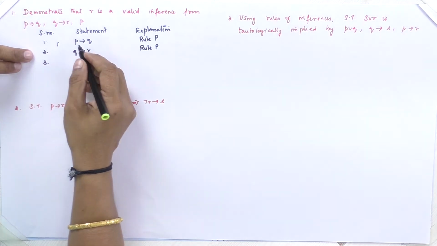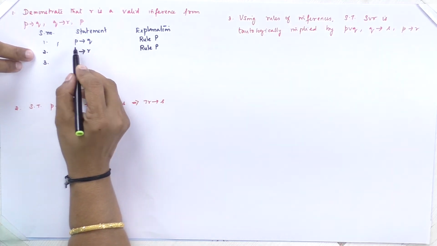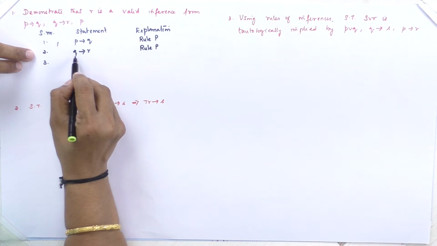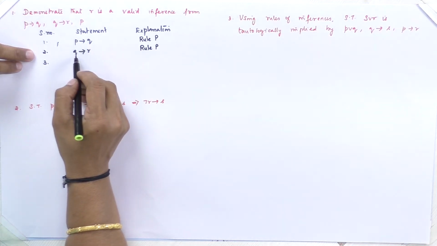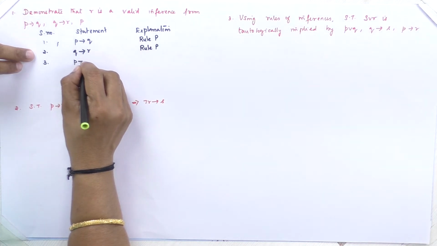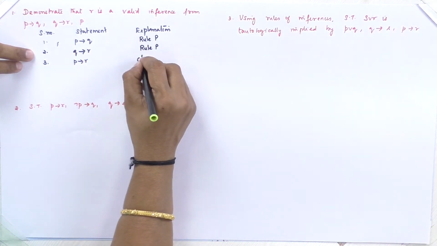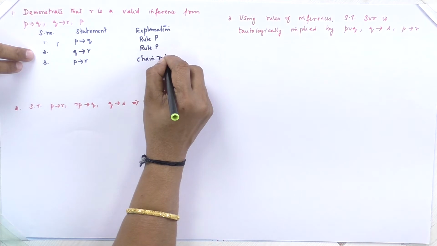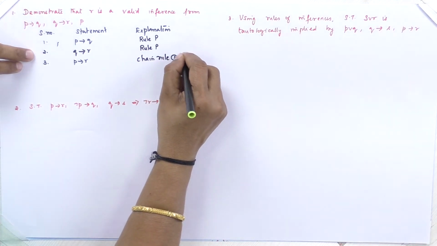Now, what is the suitable law I can apply here? See, the first statement ends with Q, the second statement starts with Q. Therefore, the most appropriate rule I can apply here is the chain rule. So it is P conditional R, that is chain rule on 1 and 2.